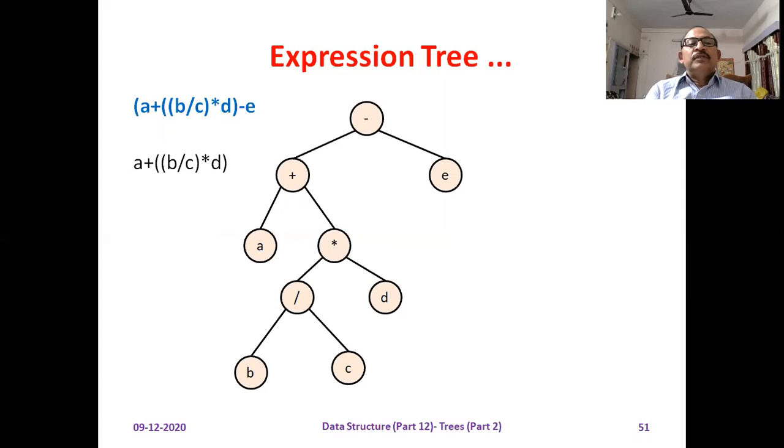Take minus as the new root node, the right child is e, and the left subtree of this new expression tree is the old expression tree. So this way we can make the expression tree for given expressions.